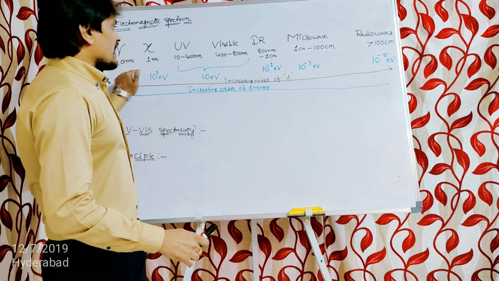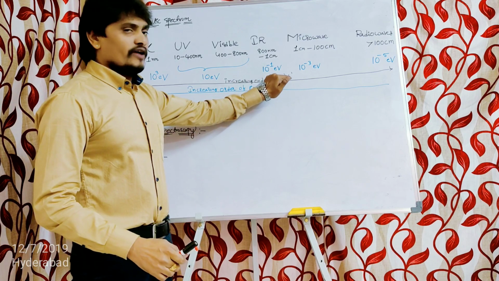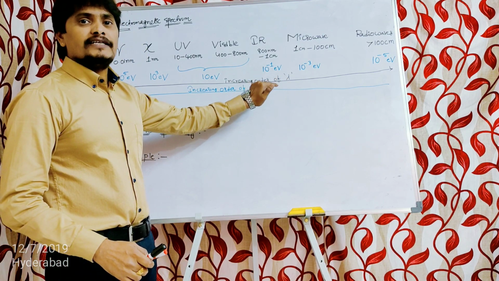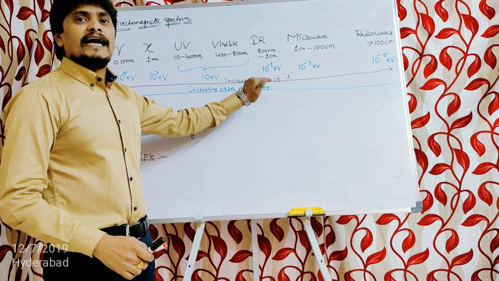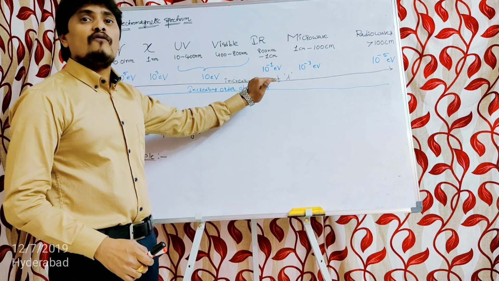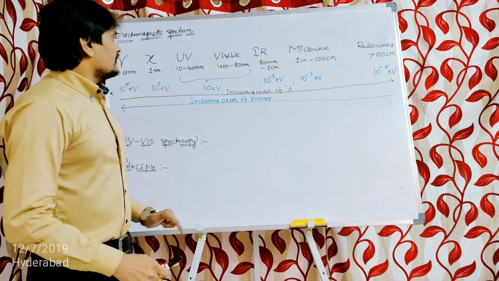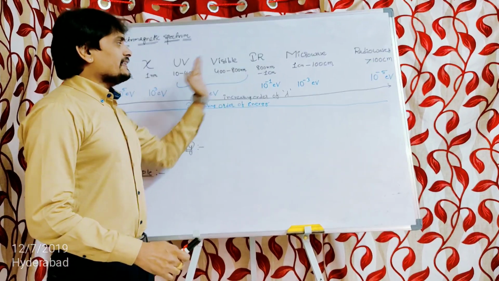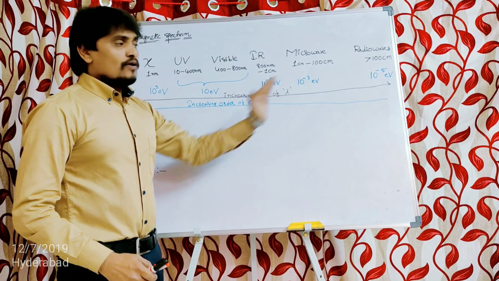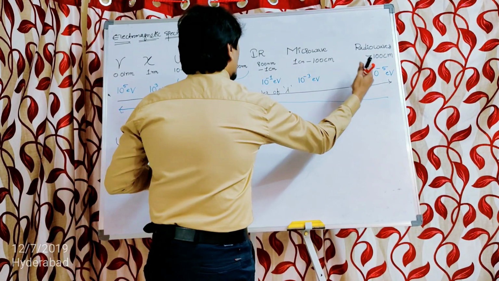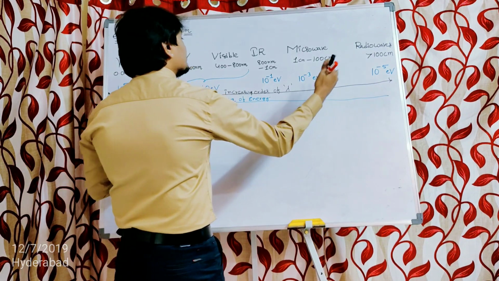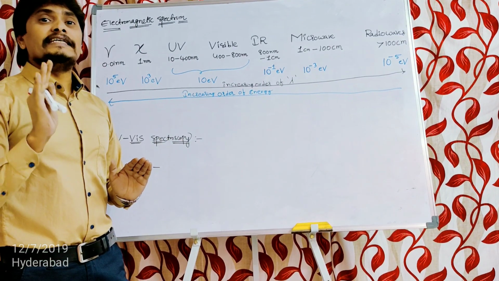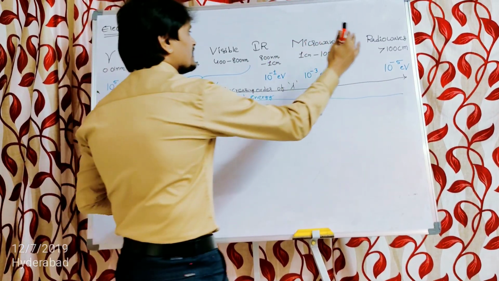Since wavelength is inversely proportional to energy, this is the decreasing order of energy. That is, from left to right, the wavelength increases, and from right to left, the energy increases.